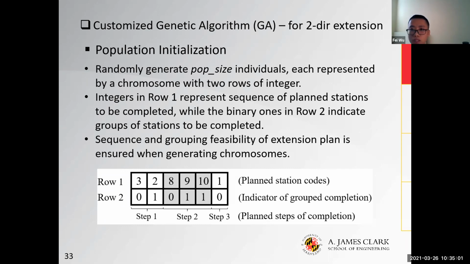As you can see, this is the structure of the chromosome, where the first row marks the station IDs to be extended sequentially, and the second row marks whether the stations need to be completed together in one step. In the example, stations 3 and 2 are completed in one step. Stations 8, 9, and 10 are completed in one step.